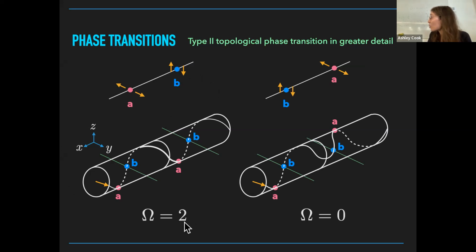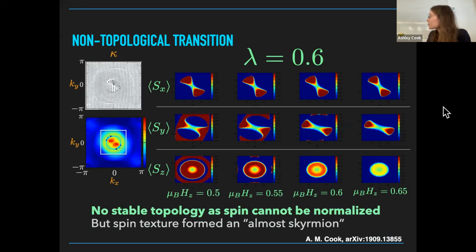We wrap the cylinder twice. And then we can ask what happens if we interchange two of these points, say in the second half of the cylinder. This forces the winding number to change, which you can kind of see if you try to draw out a line now that you have interchanged these points. So it makes some sense, even at the level of this cartoon picture, that if you interchange these features, you expect a change in the winding of the Skyrmion.